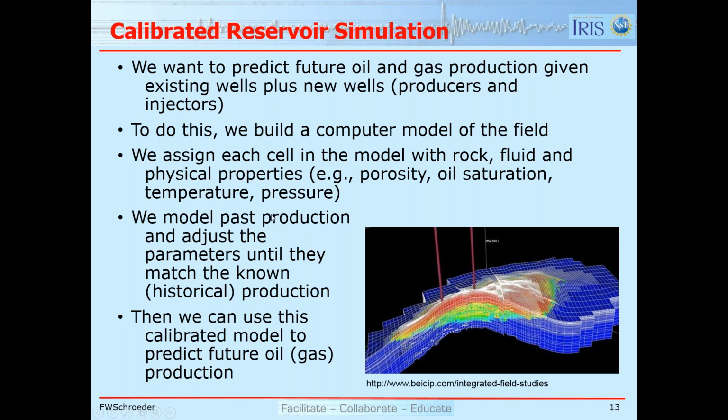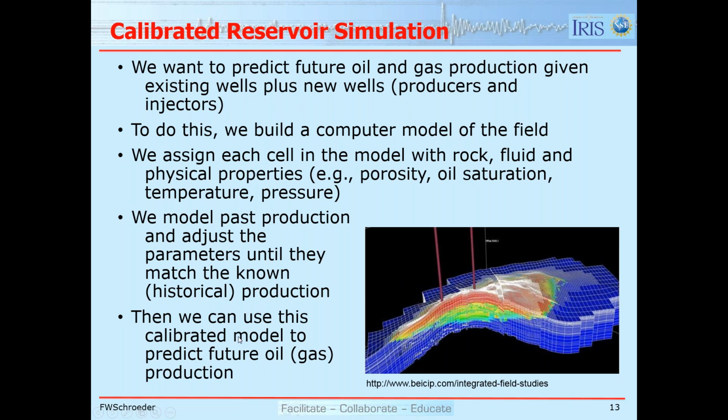We'll build the model based on our interpretation of the rock and fluid distributions, and then we'll use the production history to the present in order to try to calibrate the model. So we work at tweaking the parameters until we can match the historical or known production history. If we can do that reasonably well, we get a fairly good calibrated model.